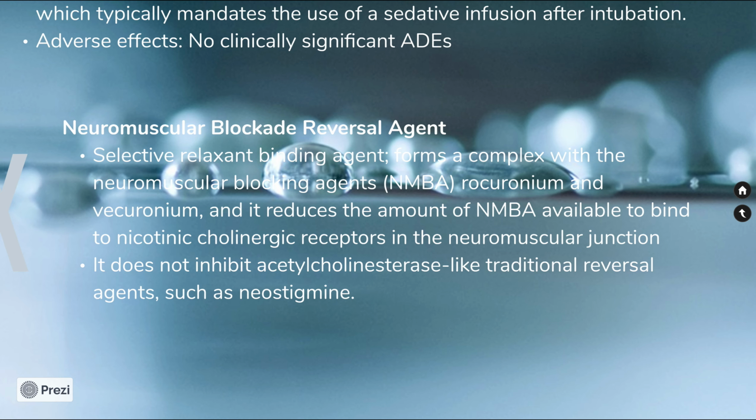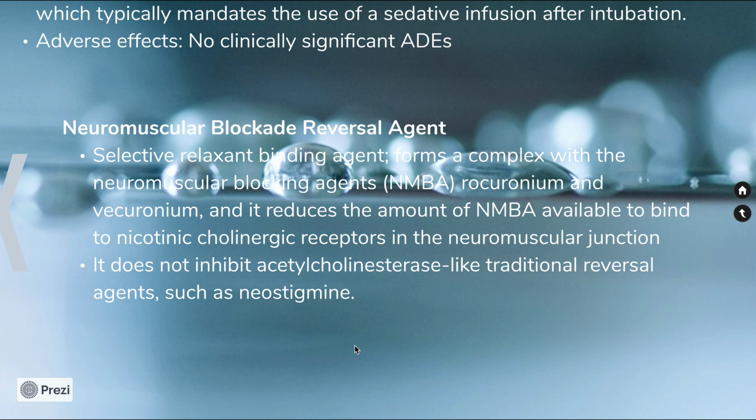Diba? Parang may instant off switch in case you need the paralysis to be reversed immediately. That's adding to the attractiveness of rocuronium as a paralytic, as a neuromuscular blockade agent, because there is an agent like sugamadex that reverses it quickly.